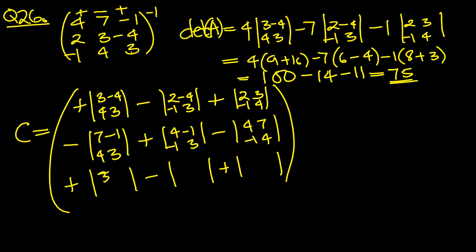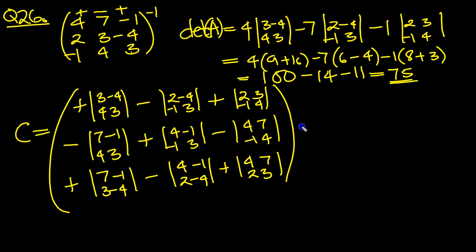Helps if I write the right number. Very easy to make a mistake with these. Row and column, 7 minus 1, 3 and minus 4, yeah? And then this one, that's that one there, taken away. 4 minus 1, 2 minus 4. And then the last one here, row and column, 4, 7, 2, 3.